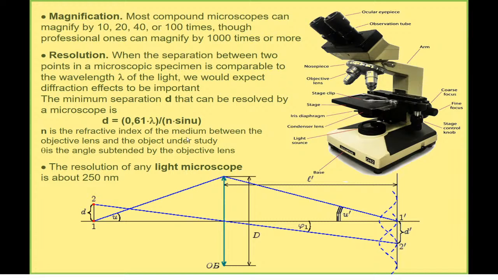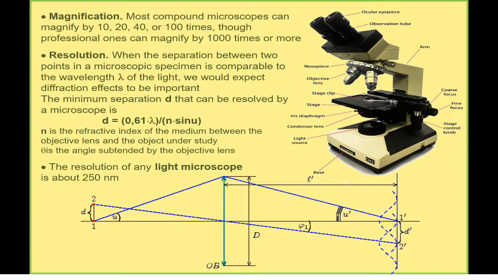But you can't change the instrumentation configuration, so when you make your choice of the optical instrumentation, you should remember what the task is: to magnify the size or to observe the details of that specimen.